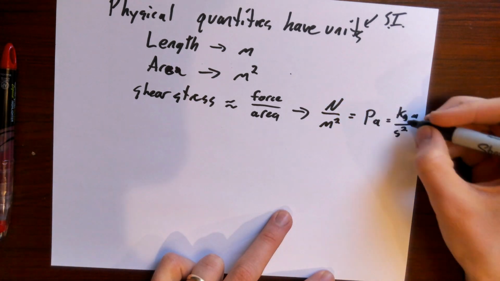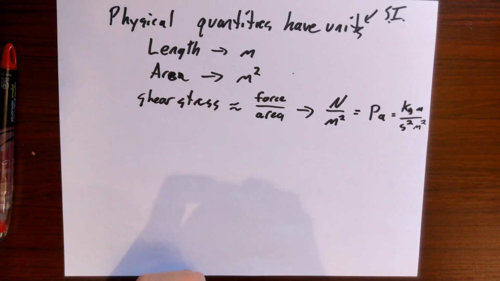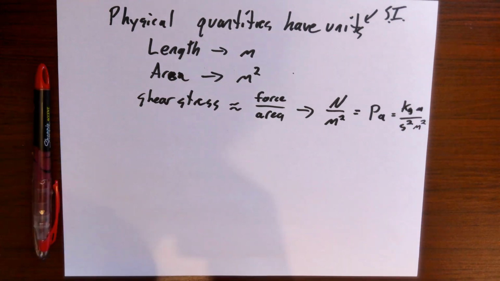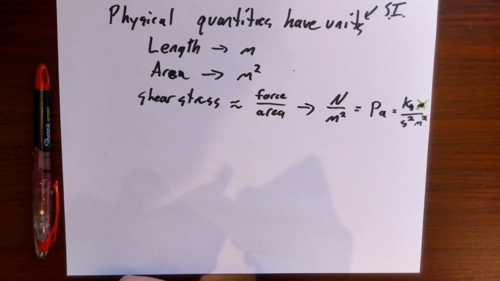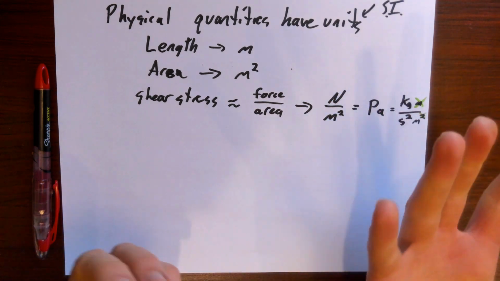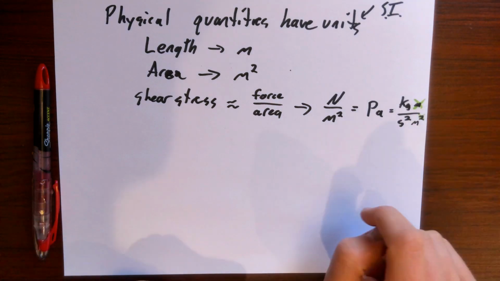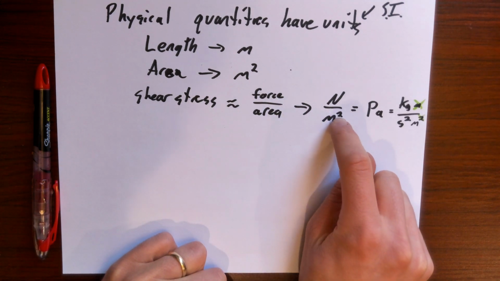So a Newton per meter squared would be a kilogram meter per second squared per meter squared. You could cancel out one of the meters with the meters squared in the denominator. Usually people don't use kilograms per second squared meter, because what even is that? But people often think about shear stress as a force per area, or a Newton per meter squared.